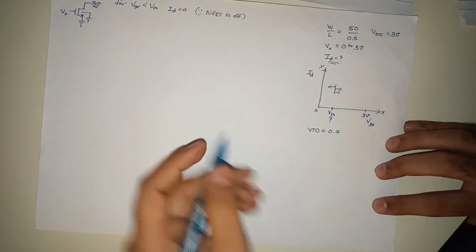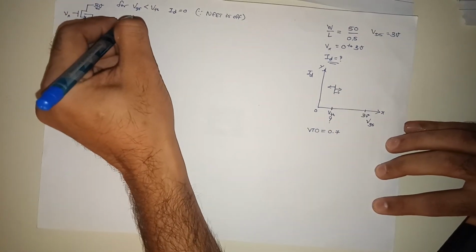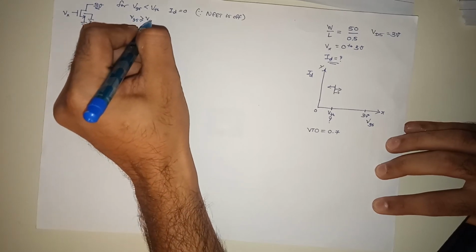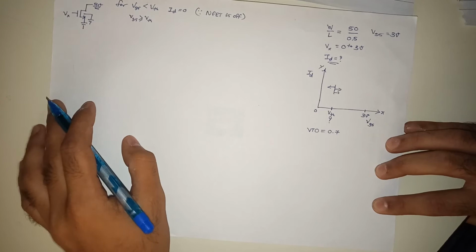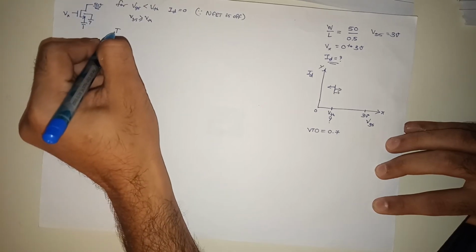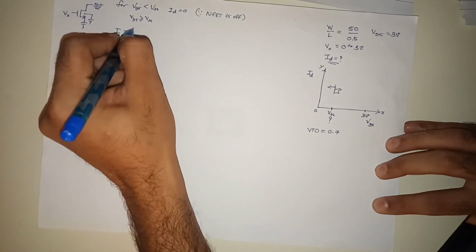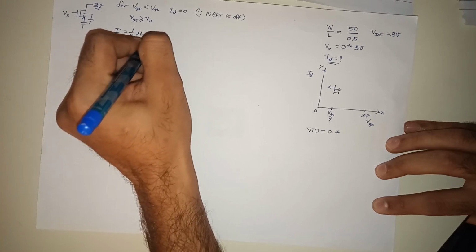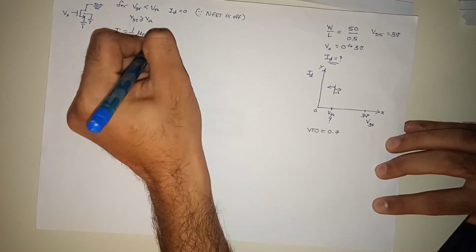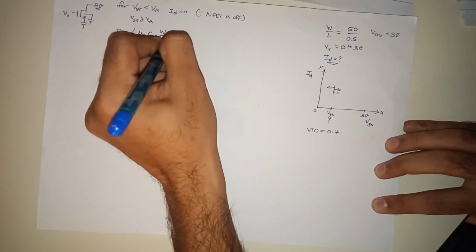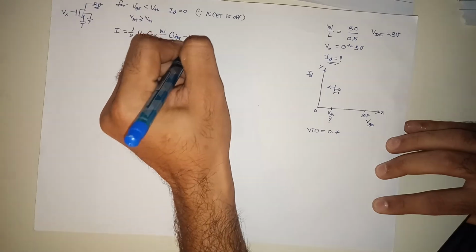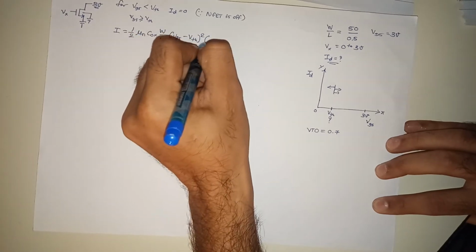Alright. Okay. Now what about this above VTH? So we know that for VGS is greater than or equal to VTH, we have equation of ID that you can find in this chapter, and that is 1/2 mu n Cox W over L (VGS minus VTH) square.